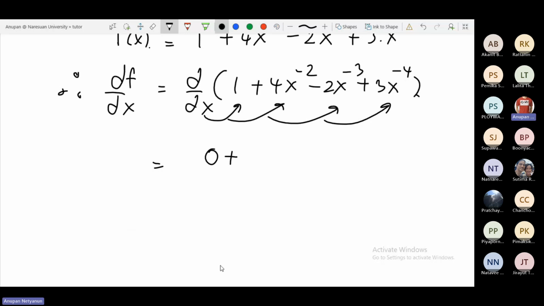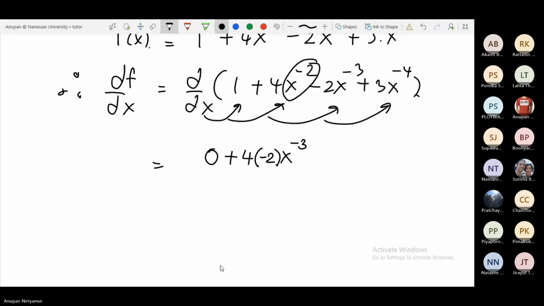Distribute to the second term: 4 is a constant, so it can come out. You only take the derivative of this one, using the power formula. You bring down the negative 2 and the power is reduced by 1. You have negative 2, subtract 1 more, so you have negative 3.